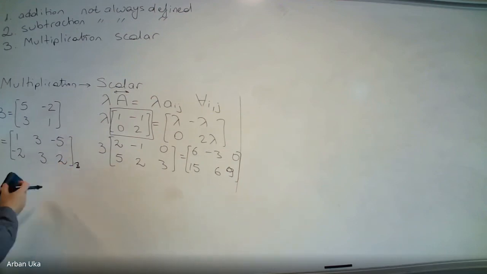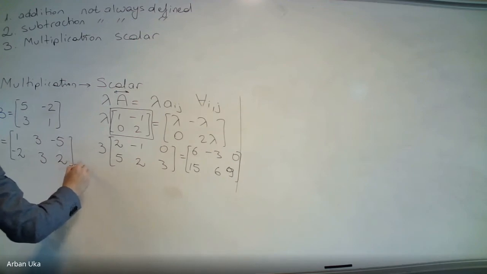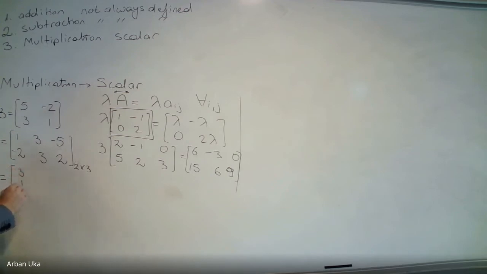So this is 2 by 3. And then a matrix D, which is equal to 3, 1, 2, 0, 1, 7, which is 3 by 2. Let's keep that on the board.